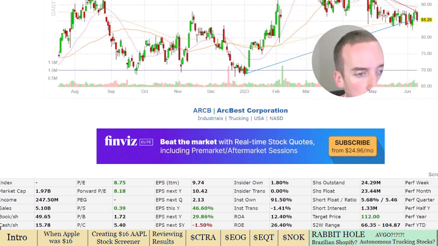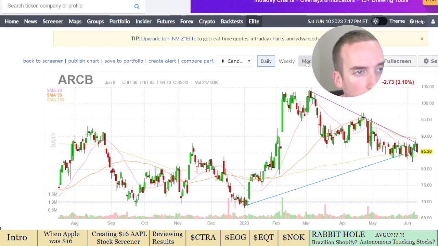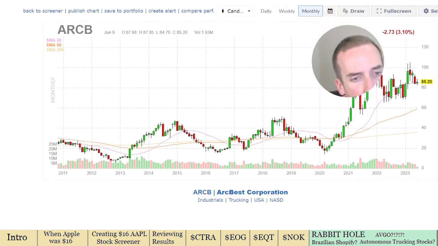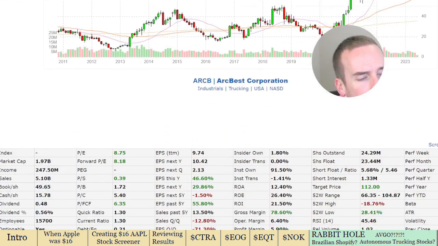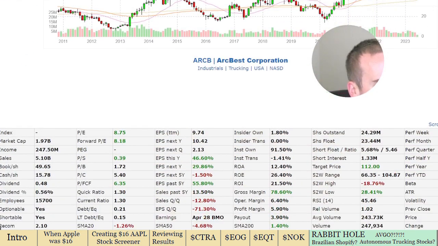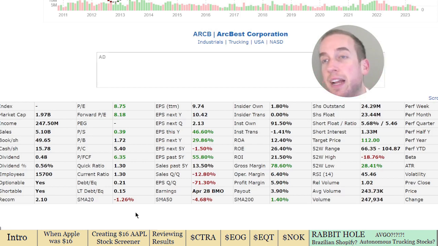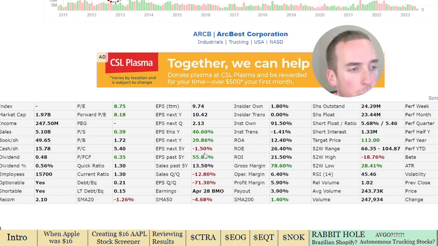What am I missing here? I don't think I'm missing anything. Okay, I think I see, but I think this is purposeful. You can see earnings per share over the next 5 years they have minus 1.5%, but if you look at earnings over the past 5 years, it's at 55%.